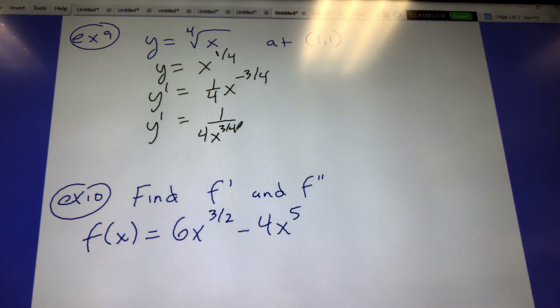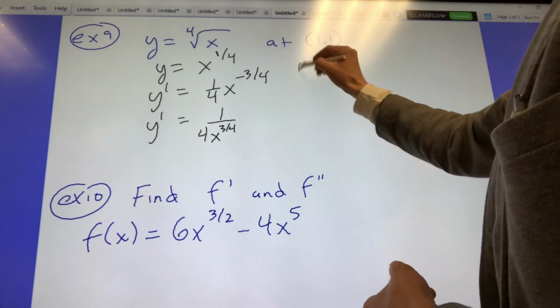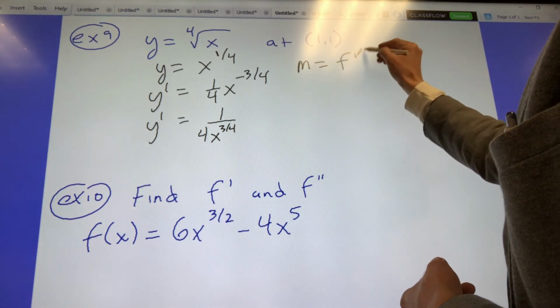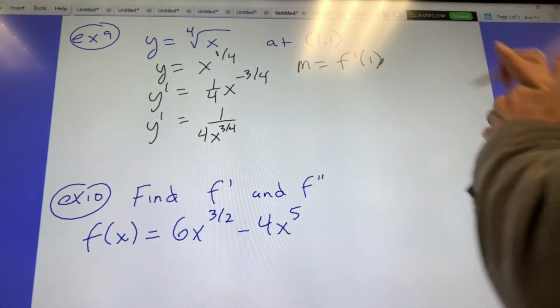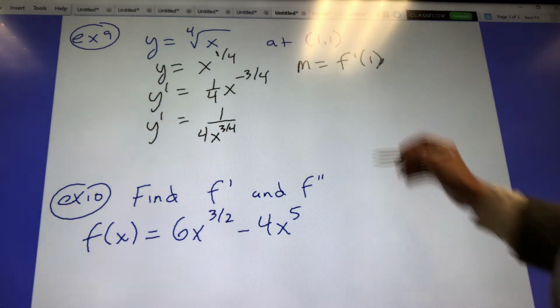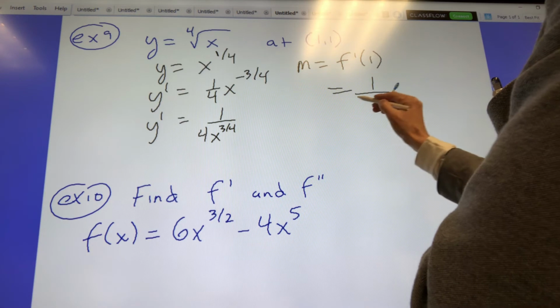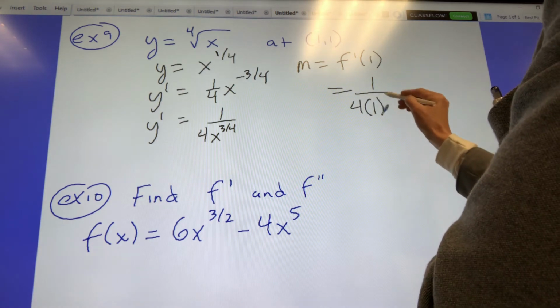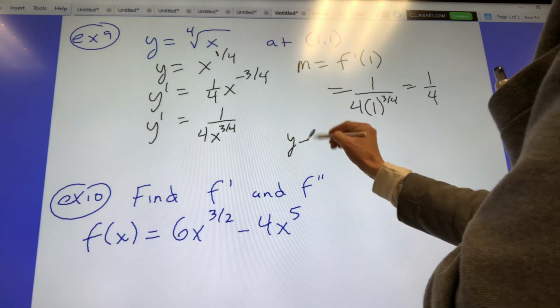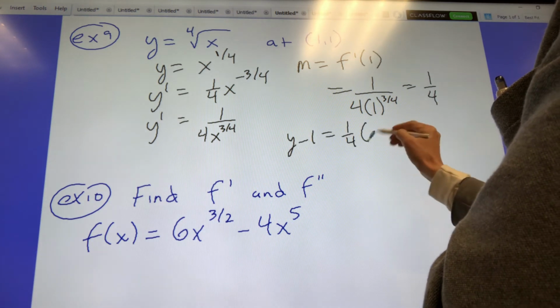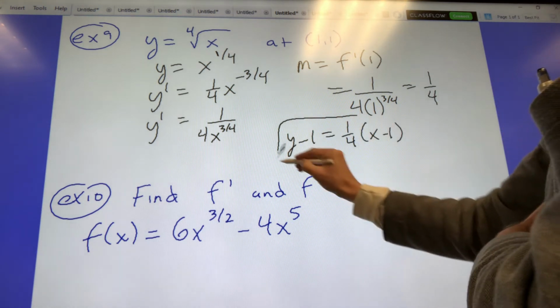Now, dealing with 1's is pretty easy. So the slope is going to be this derivative evaluated at 1. Again, y prime, same thing as f prime of x. So I'm going to plug 1 in for x, which is going to give me 1/4. So y minus the y value is equal to the slope times x minus the x value.